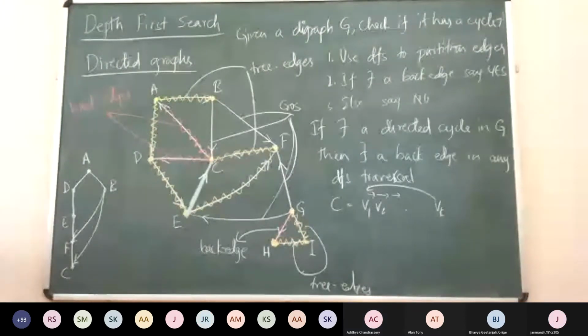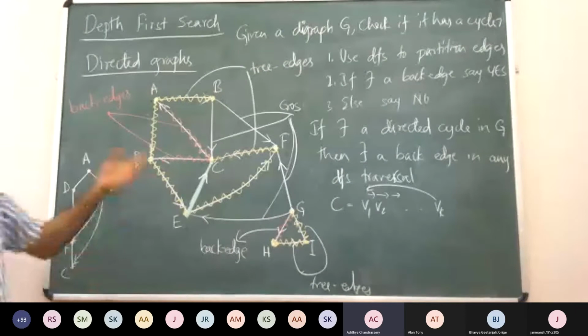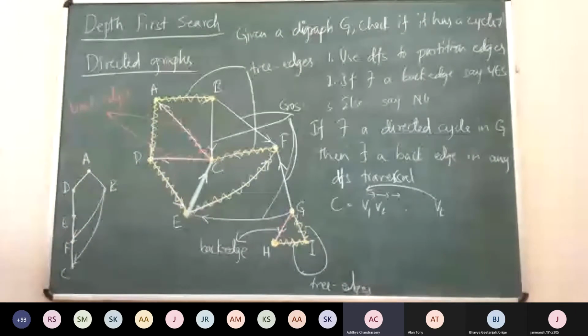What do we do with? So in the previous proof, we assumed there's one starting vertex in the cycle that we visit first, like Vi. Okay, so say let V1 be the first vertex that is visited by the DFS. Then the next vertex in the cycle that will come under the tree will be V2, because that's the only outgoing edge.